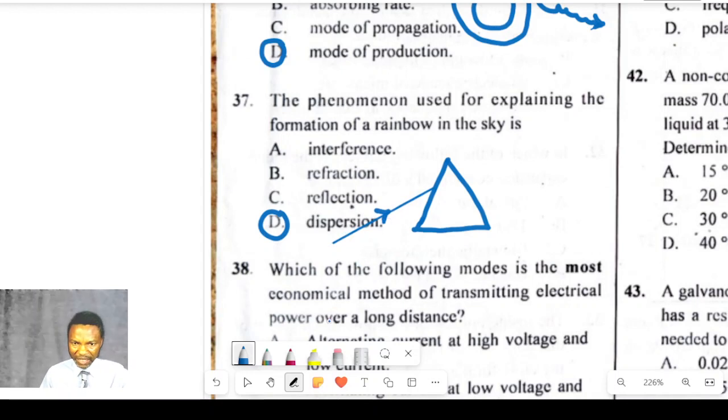This white light has all the 7 colors, which is your ROYGBIV. On passing through the prism, the ray of light will be refracted and they move in different directions because their wavelengths are different, so they will be arranged in this order. So you have ROYGBIV.